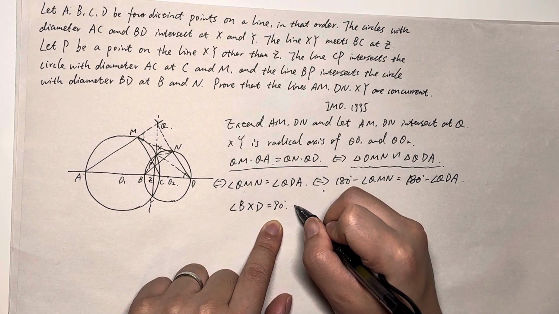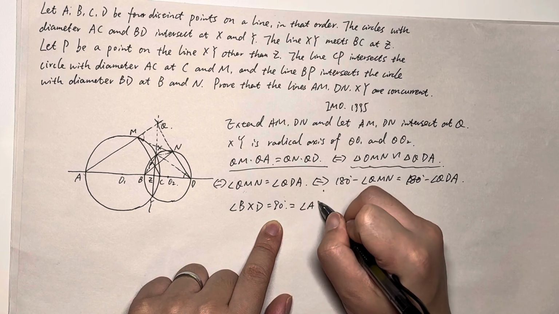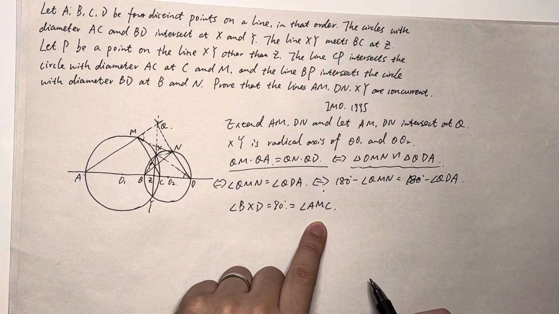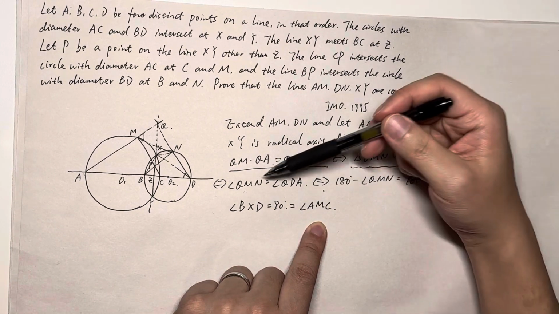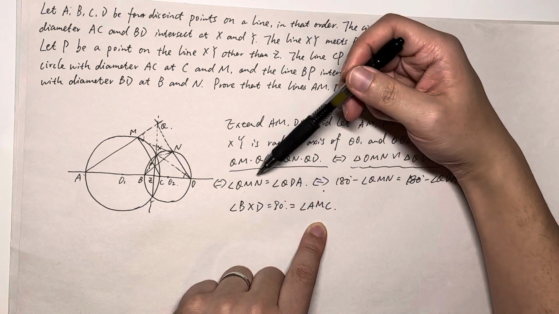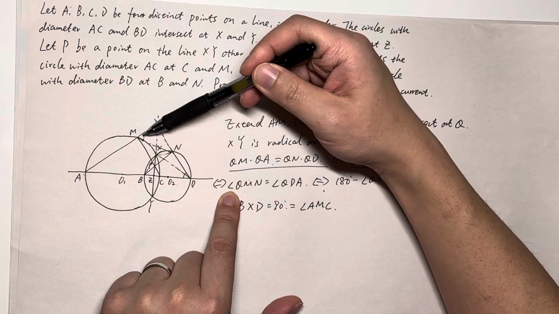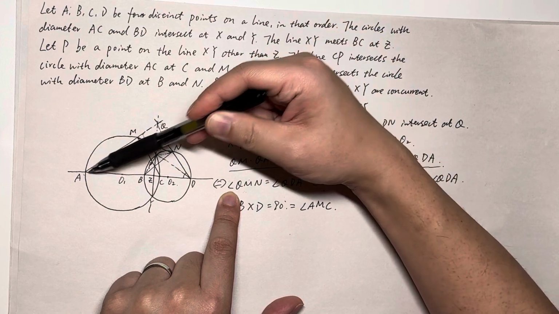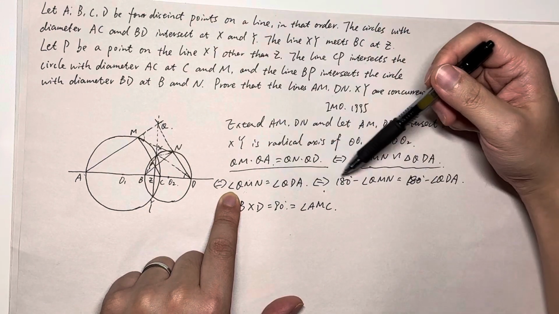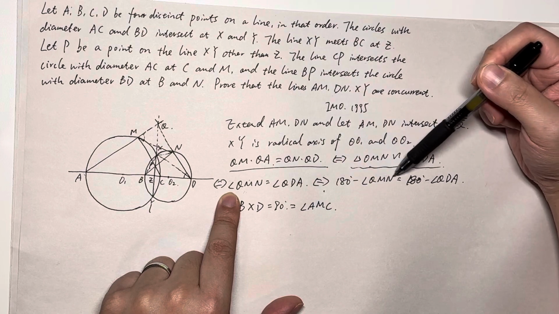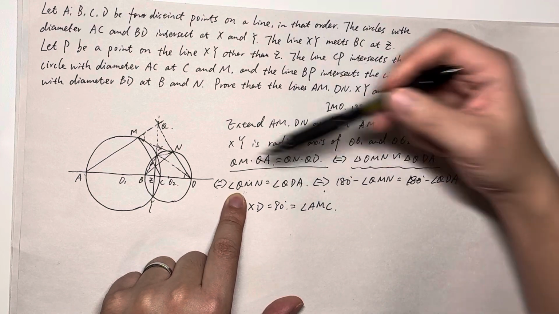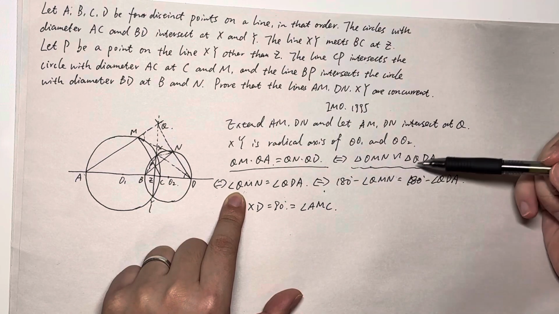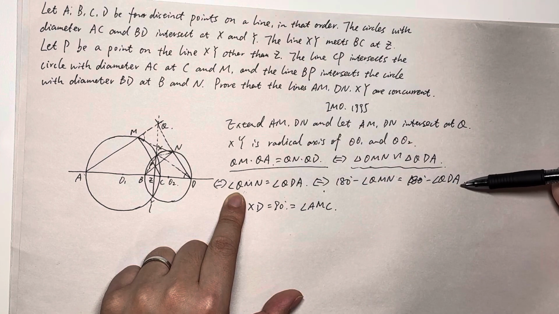And the angle AMC equals 90 degrees. So the reason we want to do this is that we want to prove that angle QMN equals angle QDA, right? So it is equivalent to 180 degrees minus angle QMN equals 180 degrees minus angle QDA.